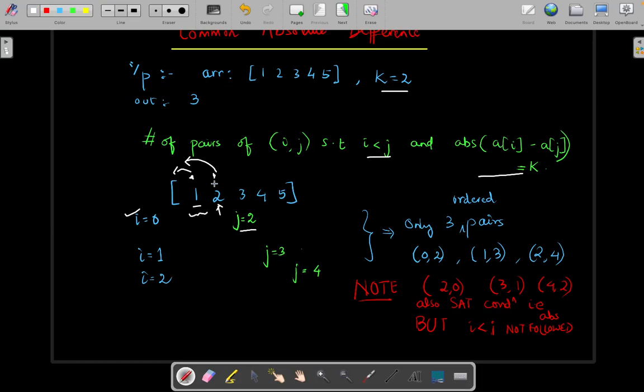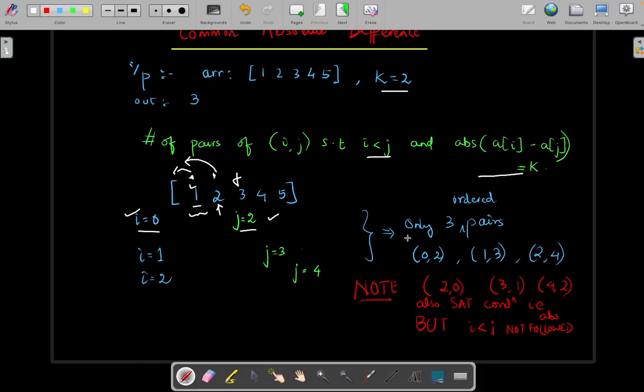So the contribution for that element is also 0. But when j comes to 3, there is exactly one element at a distance of 2 apart, at index i equal to 0. So we contribute 1 for that.